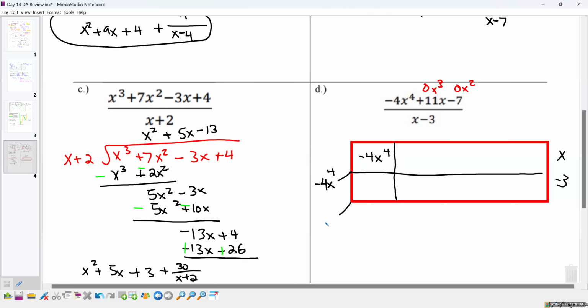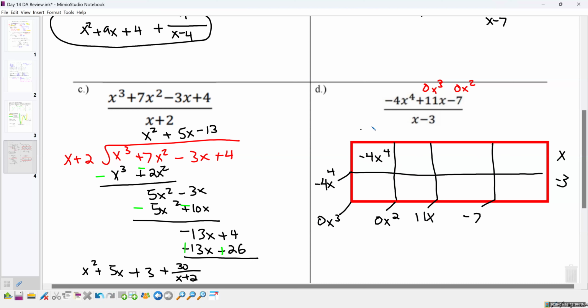Okay, now I have no x cubes. I have no x squareds. Oops, I missed one. I have 11x. I did not space this well. 11x, and then I have minus 7.